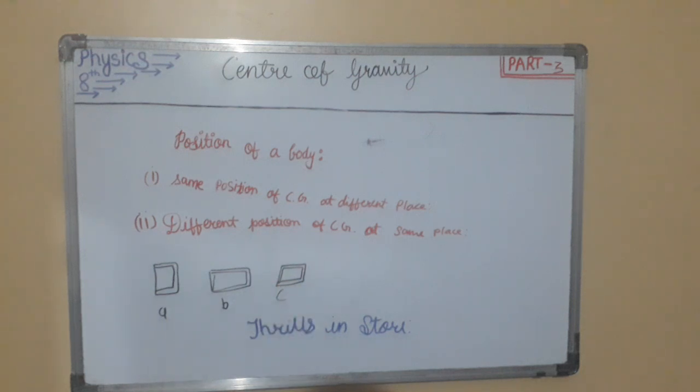So when the same force is applied on all these positions, the book in positions A and B falls easily, whereas in position C it hardly gets affected.